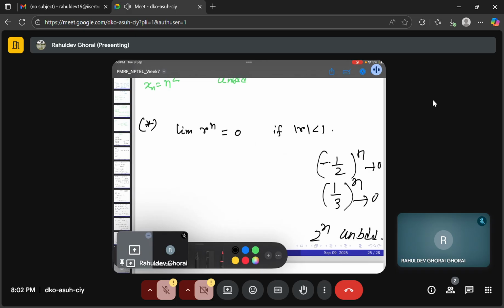So it will not be convergent. You can do case by case. Okay. How?